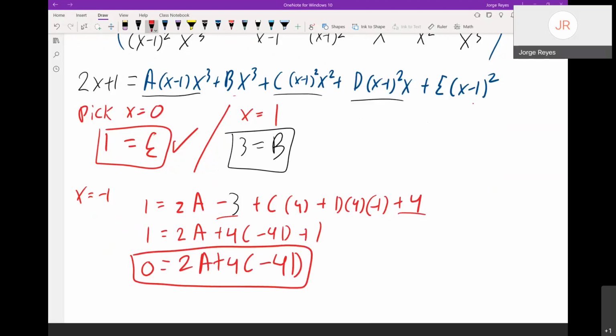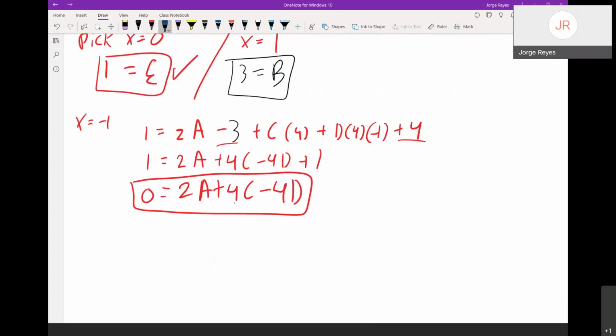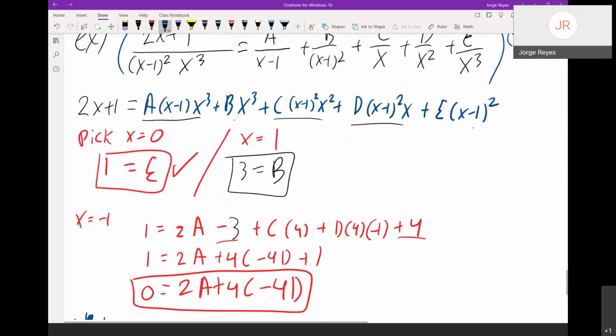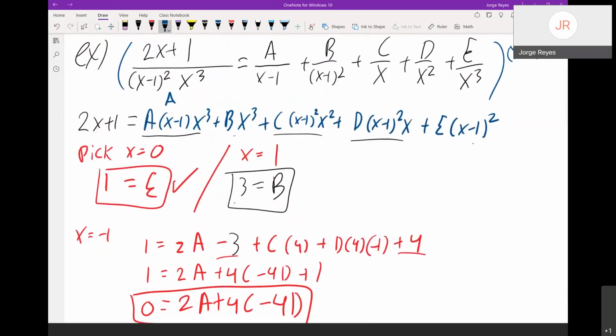And now I need 2 more equations. The other equation that you would get is from comparing the leading term again. I'm going to compare the x to the 4th power term, because I can partial FOIL. This leading term is going to be A. This one doesn't have a 4th power.